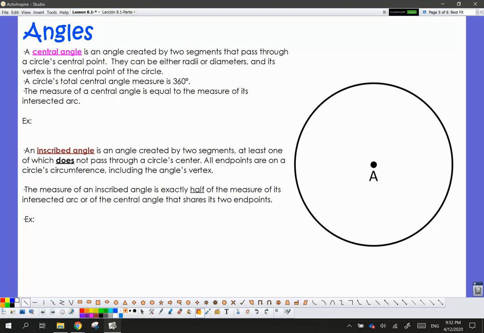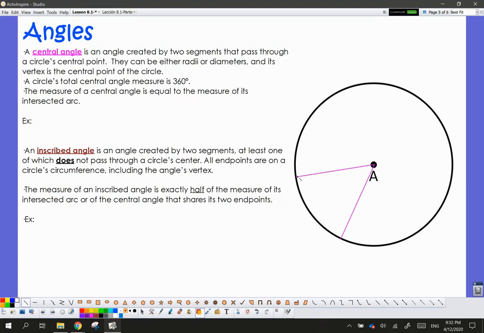So if I want to draw a central angle, the key to remember here is that the vertex of this angle is always in the center of the circle, which means that the legs of this angle are going to be radii. So I have two radii here that form this angle.